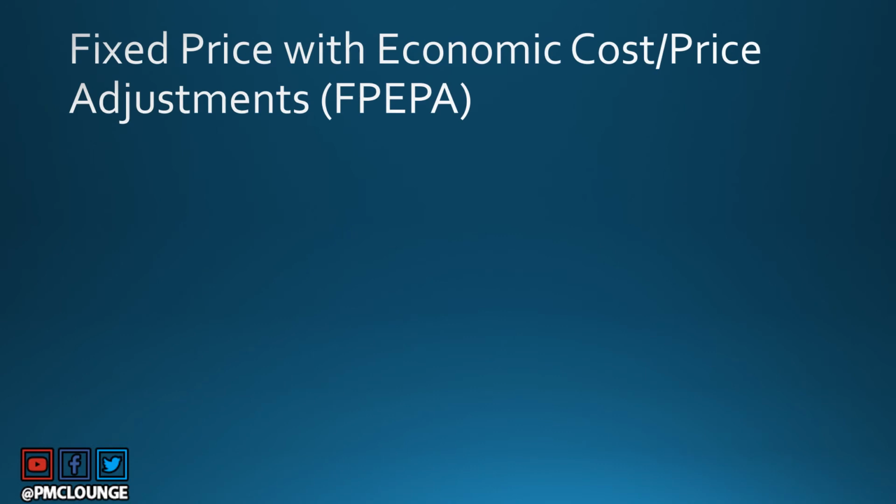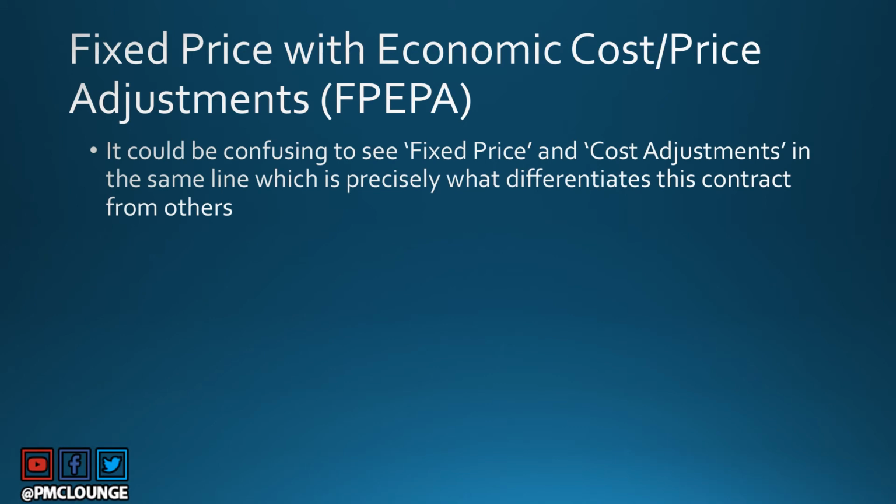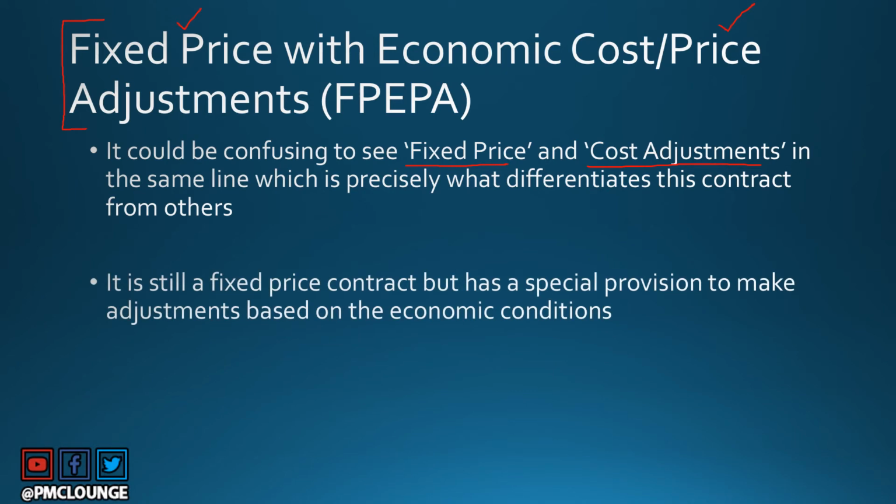So what is this all about? FPEPA. It is obviously confusing to see fixed price as well as cost adjustment or price adjustment in the same sentence. The name of the contract itself could confuse some, because if you say fixed price, how come there is a price adjustment? And this is the speciality of this contract, because this is what differentiates it from others.